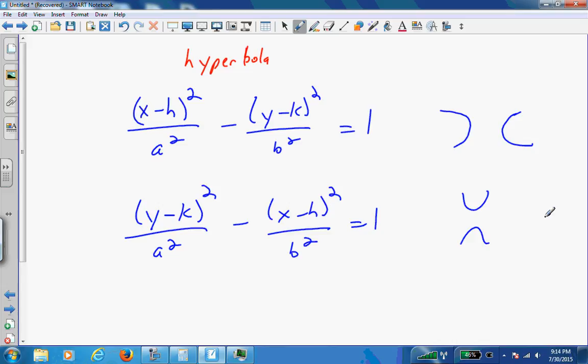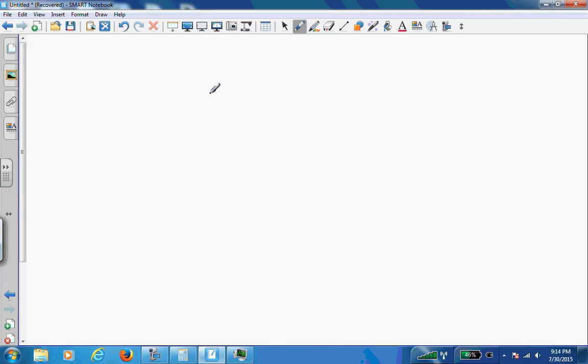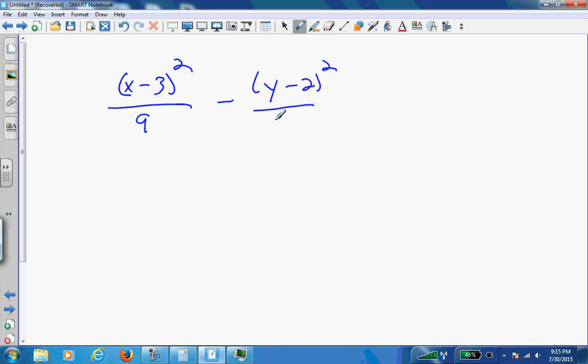So if we want to draw hyperbolas, let's look at an example. Let's suppose we have x minus 3 squared over 9 minus y minus 2 squared over 16 equals 1.